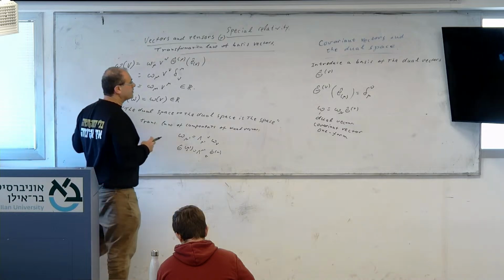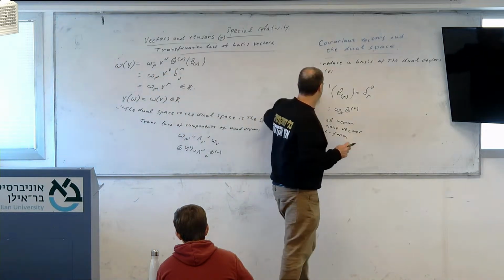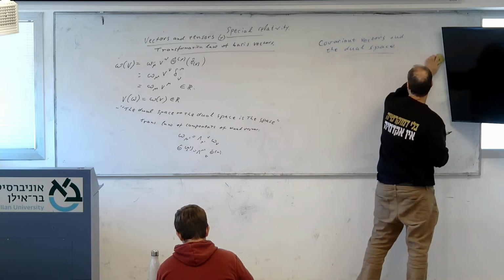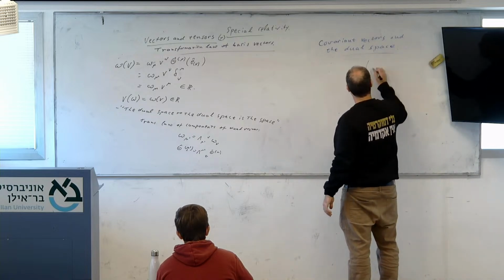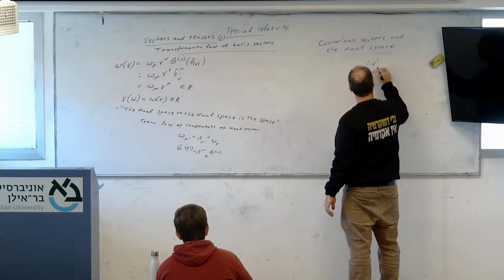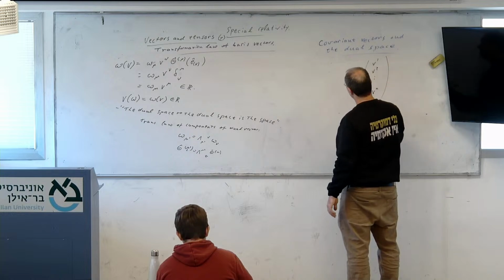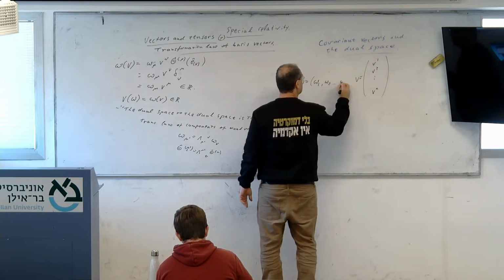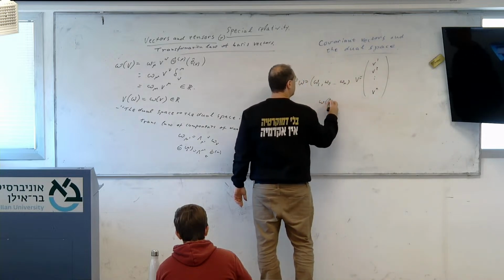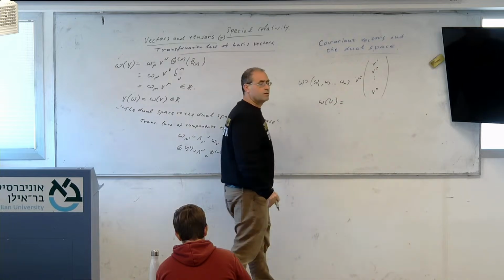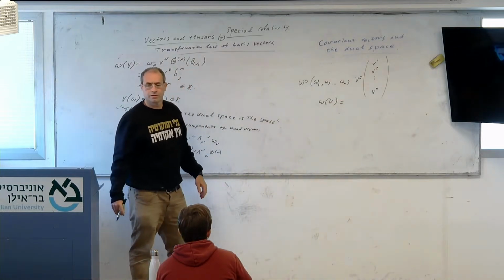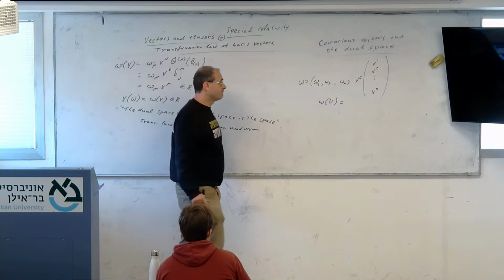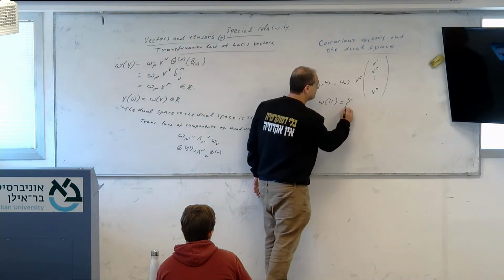And on the side, if we have V as V1, V2, Vn, and omega as omega 1, omega 2, omega n, omega operates on V, which gives omega 1 V1 and so on.